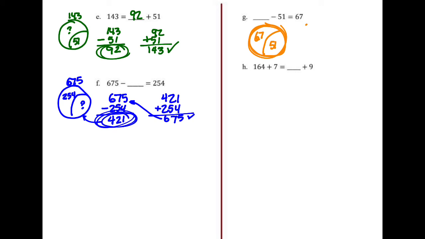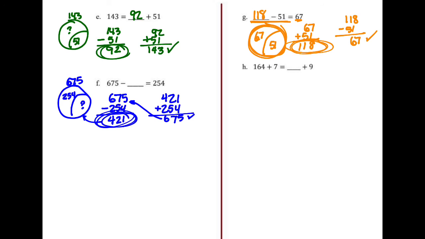We're just going to do 67 add 51 to see what it is. So it should be 118. Let's double check. If we took 118 and subtracted 51, like they have here, 8 minus 1 is 7, and 11 minus 5 is 6, we get the 67. So that checks, and that is the correct answer.